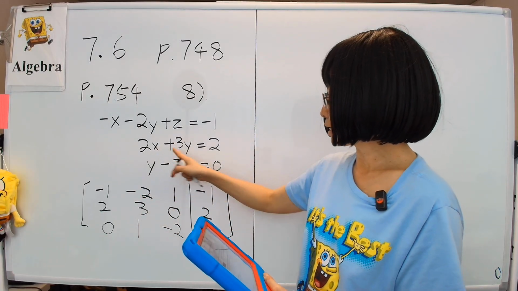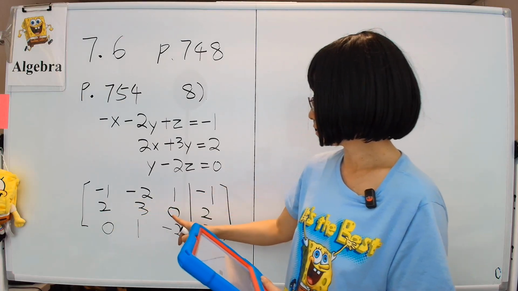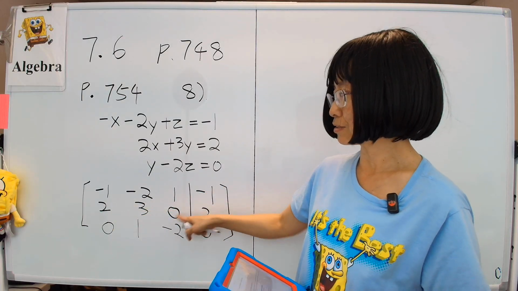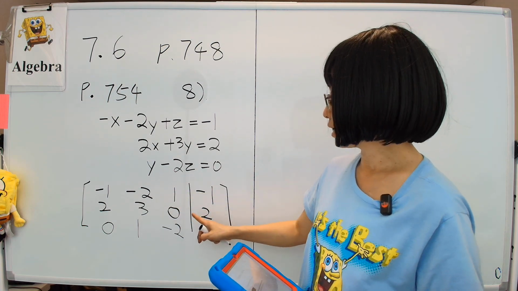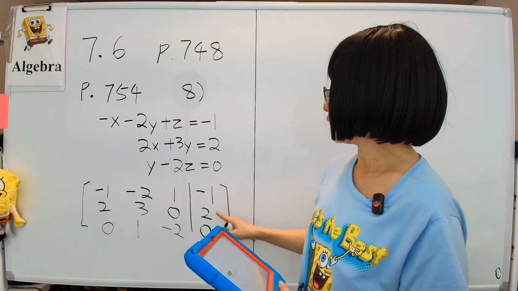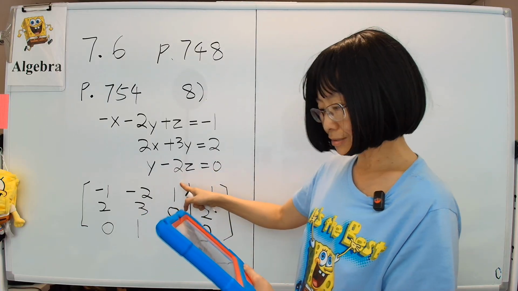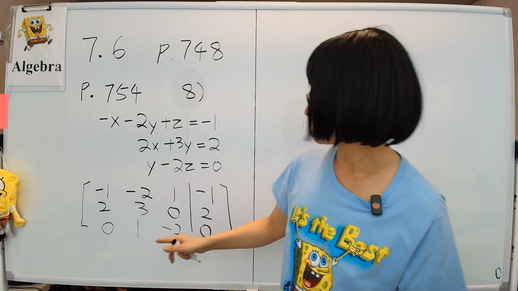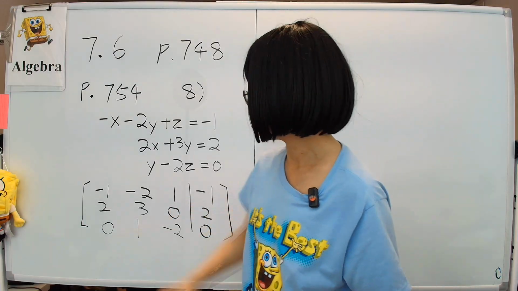Okay, 2x plus 3y equals 2. So we have 2, 3, 0, z. Remember, if there's a missing variable, you have to write down 0 to take its place. And the first column is x, then y, then z. All right, so then that is 2. And then lastly, y minus 2z equals 0. Okay, the first position being 0.